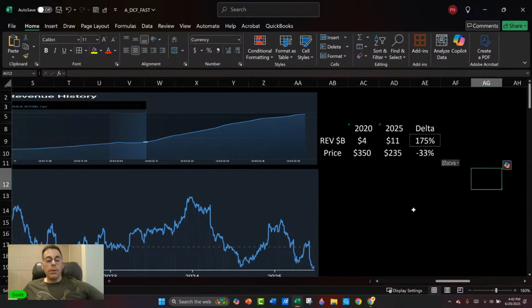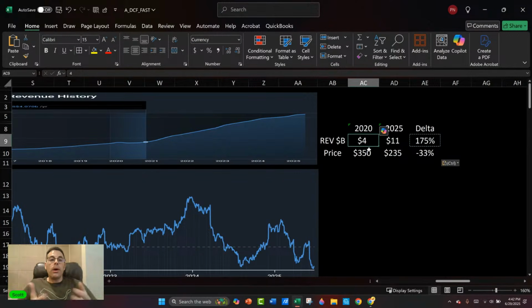So if you think about the company as a whole, right? If the revenue is 4 billion, so the whole company generates 4 billion of revenue in 2020. It goes up to 11 billion in 2025. So it goes up 175%. The stock price in 2020 was $350.